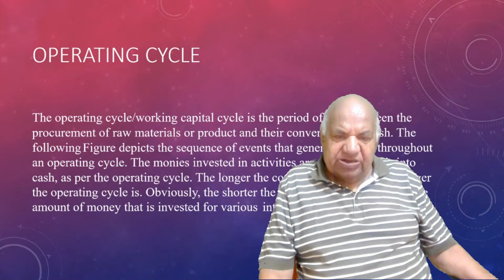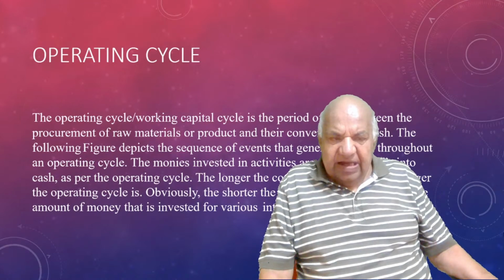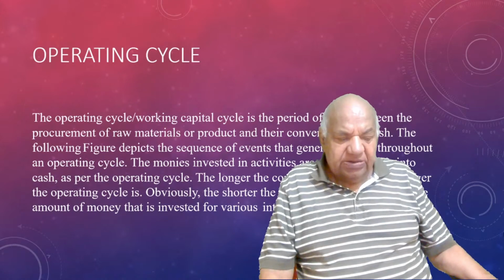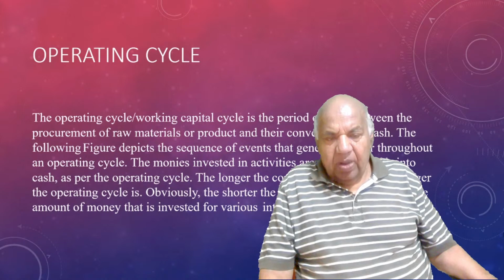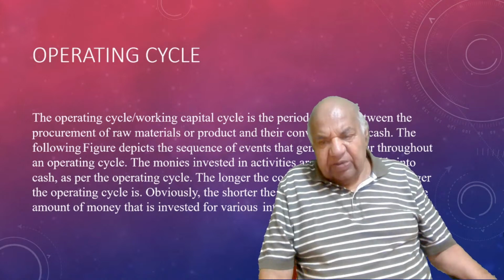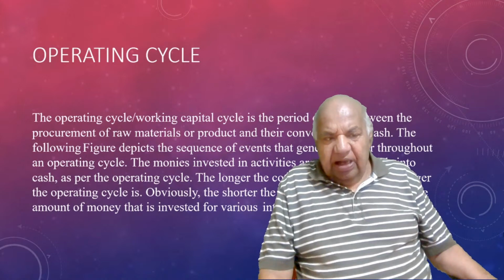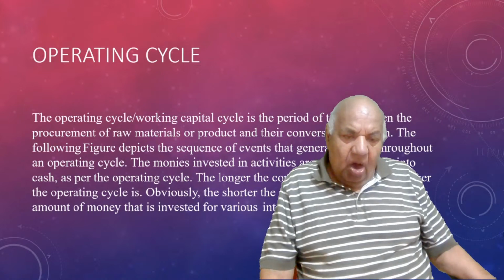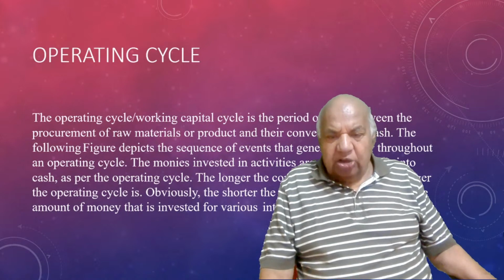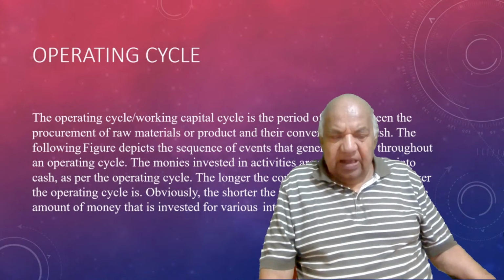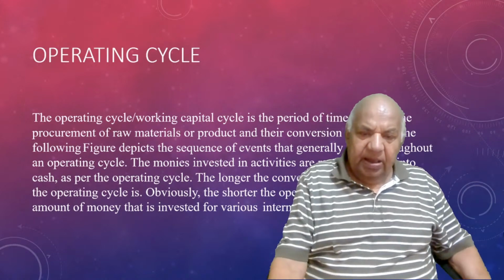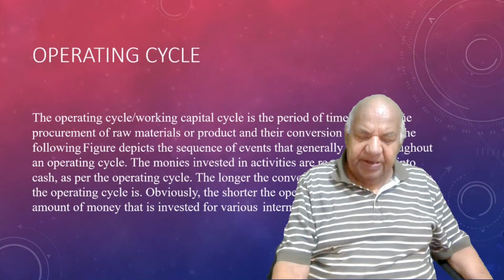The monies invested in activities are recycled back into cash as per the operating cycle. The longer the conversion period, the longer the operating cycle. Obviously, the shorter the operating cycle, the lesser the amount of money that is invested for various intermediate activities.